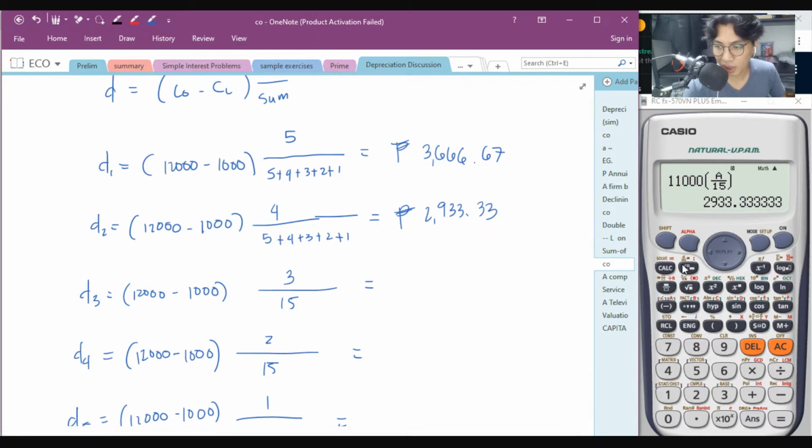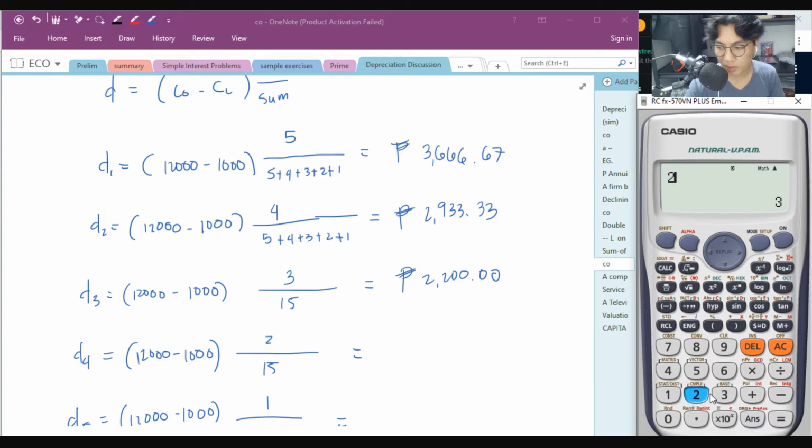Next one, calculate. So, 3 naman. So, 2,200. Pababa na. Pabagal na. Okay? Calculate again. So, that is 2. Okay? 1,466.67.